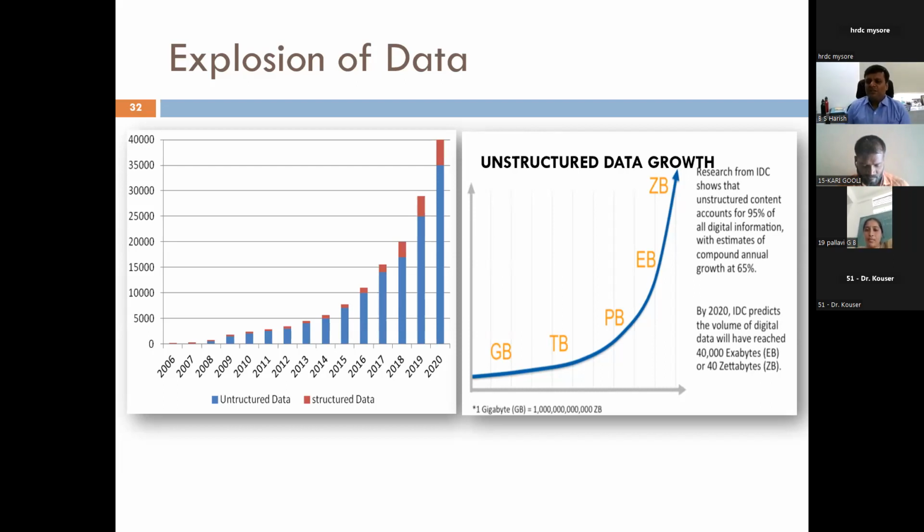A simple example: you purchase something, say a shirt of the brand Van Heusen. Immediately you will get information saying that this particular pair of pants suits the shirt you are purchasing, which is of the same brand, Van Heusen.